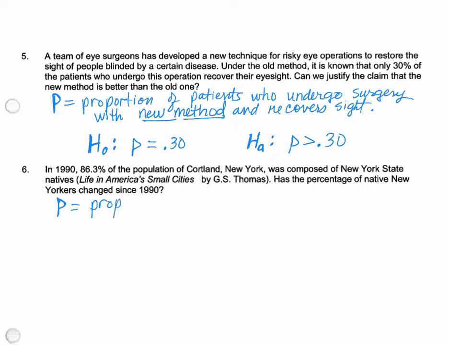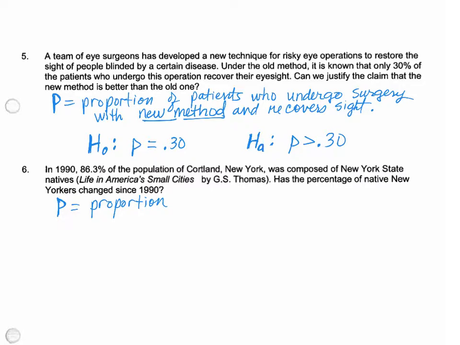So what do you think this is about? Proportion of native New Yorkers. What's our denominator? Cortland, New York. Think, what's your denominator? Is your denominator all native New Yorkers, or is your denominator something else? Cortland, New York residences. Good. You have to think, what is your denominator?